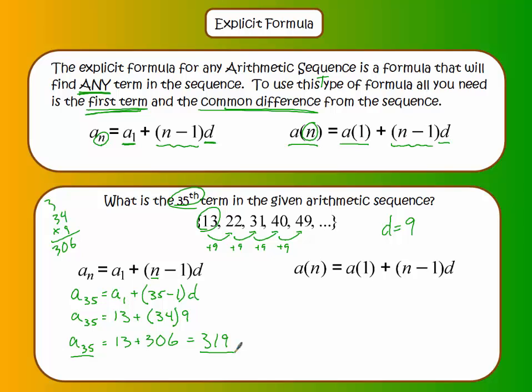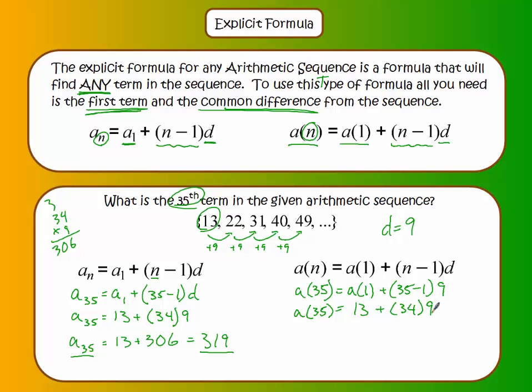Let's do it again over here with the other notation. Again, all this means is a sub 35, or a of 35 in this case, is a of 1 plus n, so 35, minus 1 times d, which is 9. And again, we know a of 1 is 13, so a of 35 equals 13 plus 35 minus 1, which is 34, times 9.